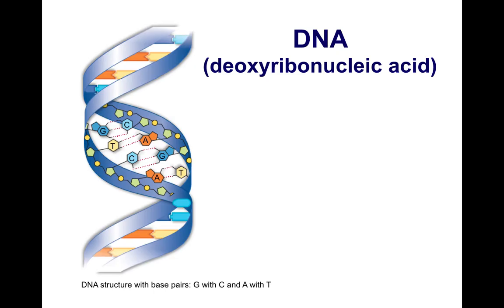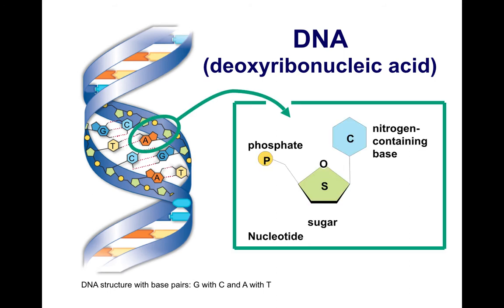So, deoxyribonucleic acid, known as DNA, was this double helix structure. So you might recall me describing it as a long step ladder that has been twisted around itself. And it was made of nucleotides.